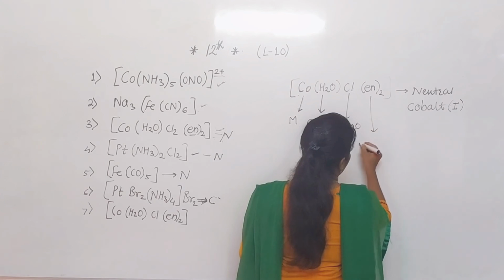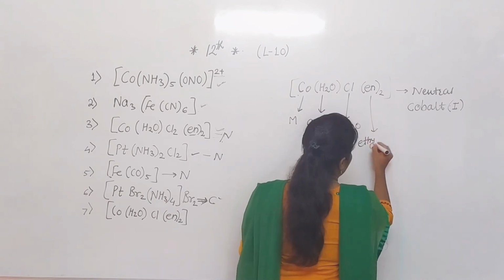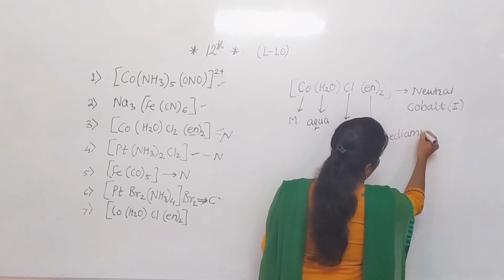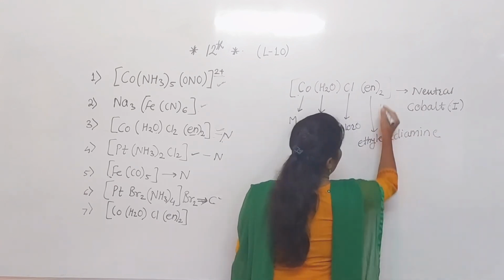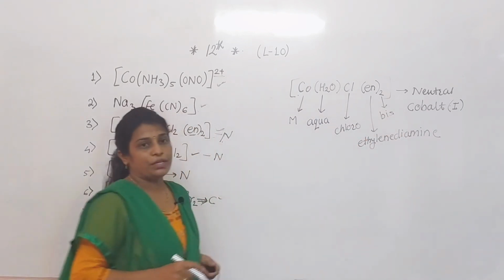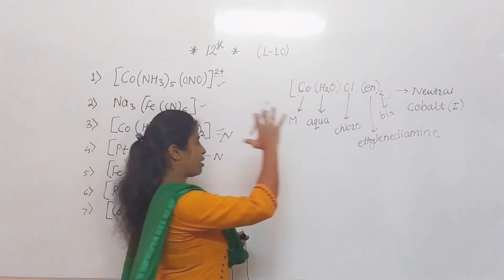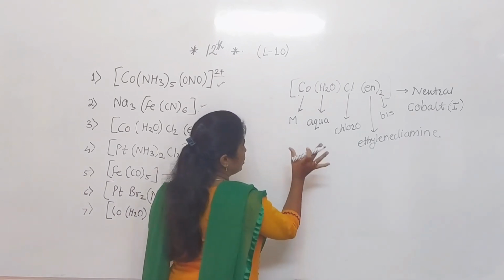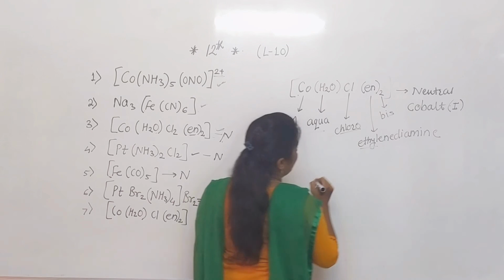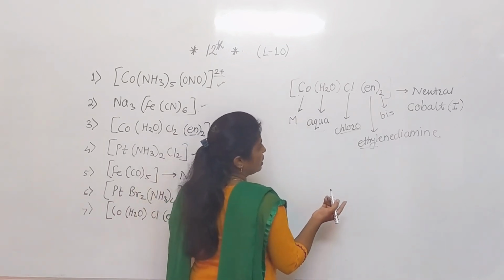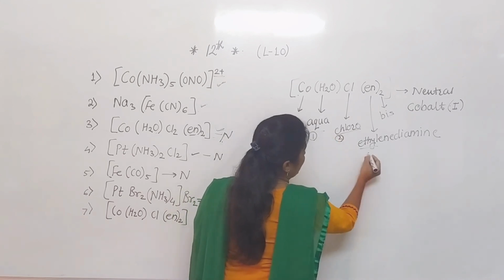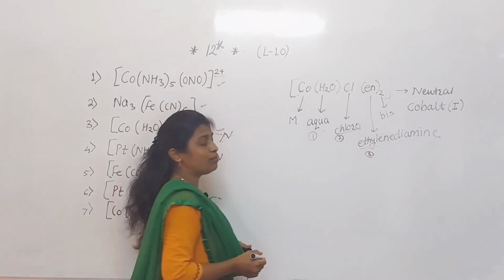En means we have to write ethylene diamine. 2 is there, means we have to write bis. Now see, alphabetically who will come first? A will come first, Cl will come second and ethylene diamine will come third.